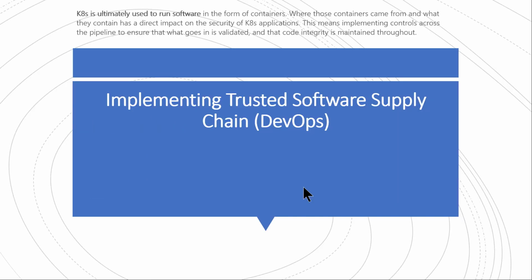This is where, as I mentioned earlier, we are now talking about DevOps, or DevSecOps for lack of better words, implementing the trusted software supply chain. Containers themselves are software, right? So unless we have a due diligent process of implementing DevOps here to deploy these application workloads into Azure, we might not be successful.